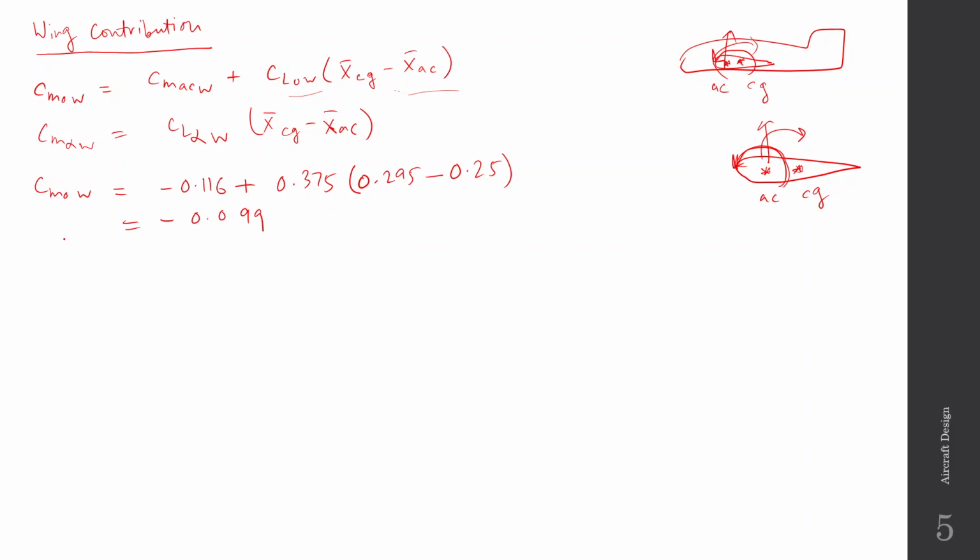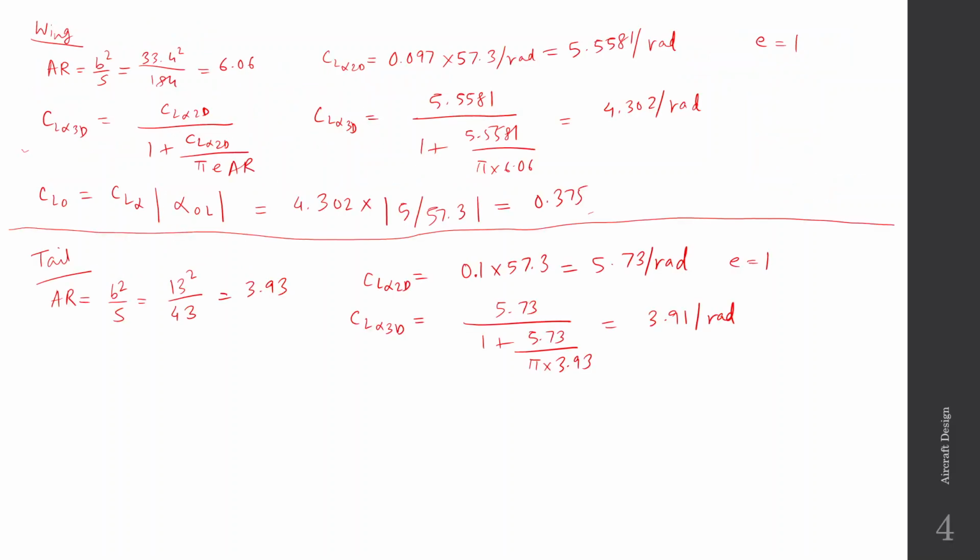Now we have to calculate Cm alpha of the wing also. So Cm alpha of the wing is Cl alpha wing into this. Cl alpha wing we have calculated as 4.302 per radian.